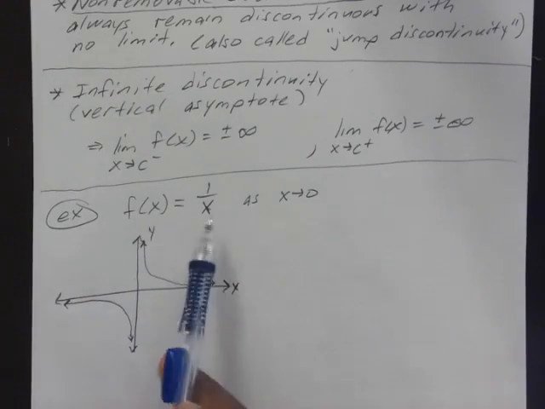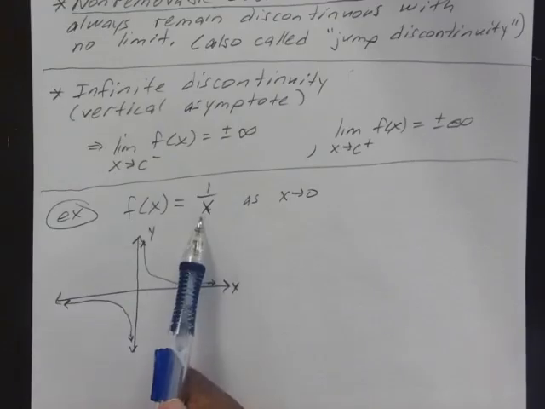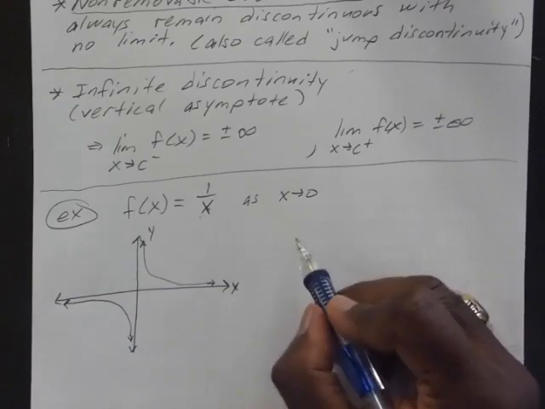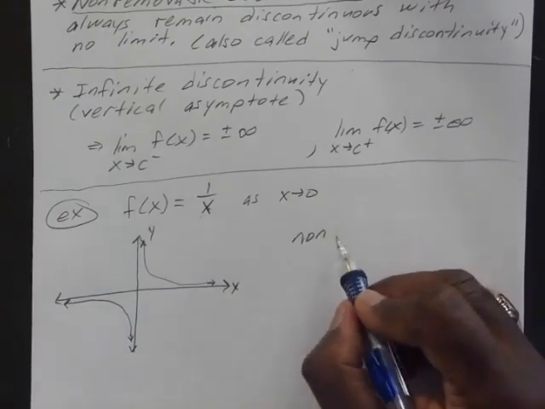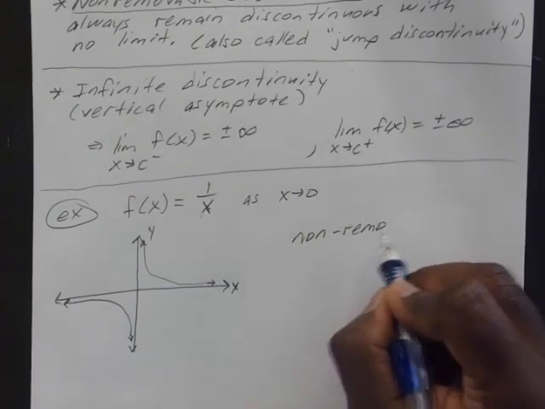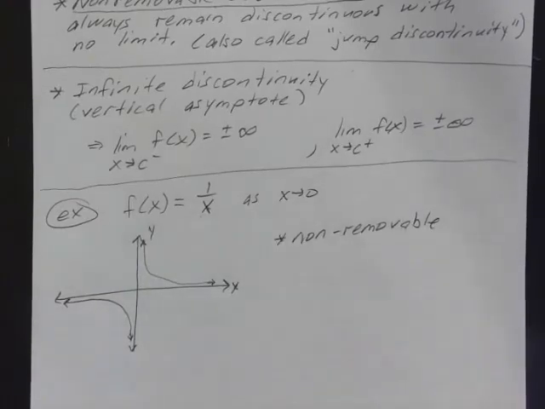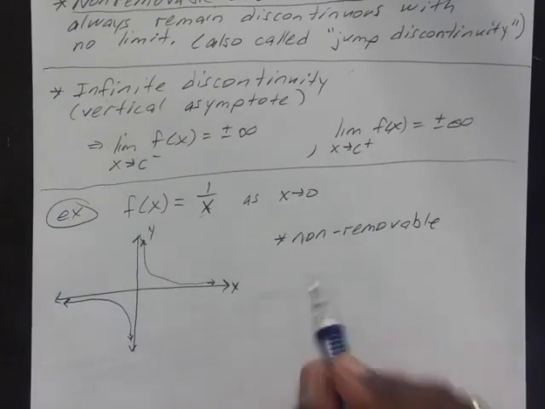Okay, so there's no way we can manipulate this function to give us anything other than an undefined function. So this is a non-removable discontinuity, but it's also an infinite one.